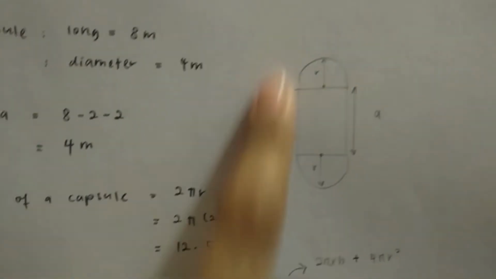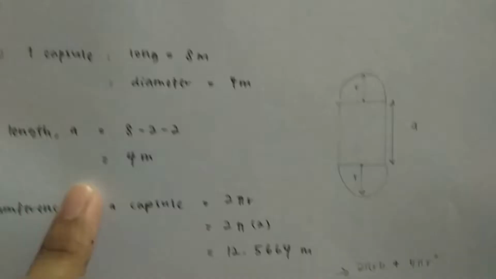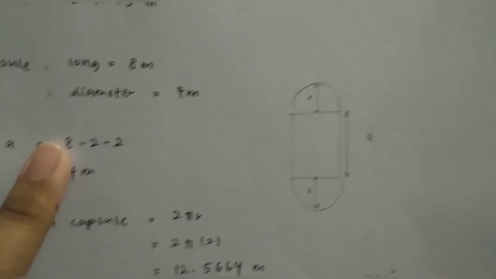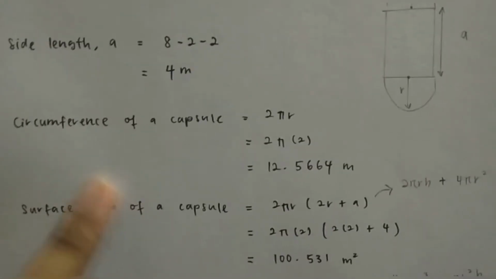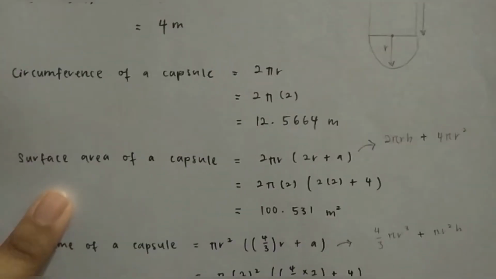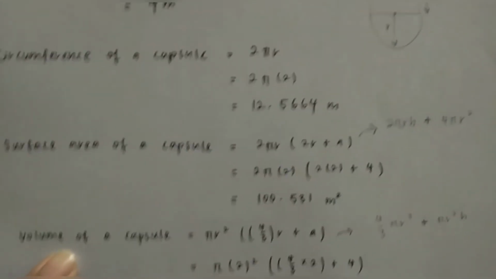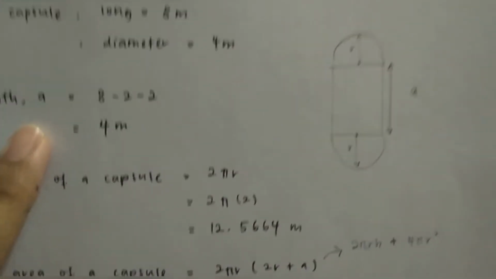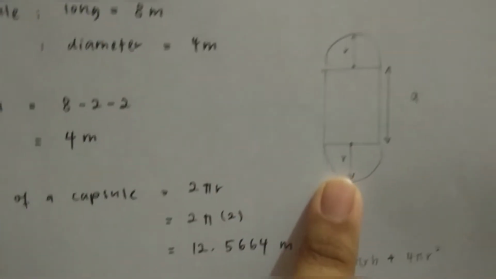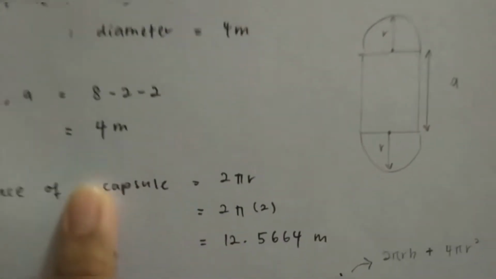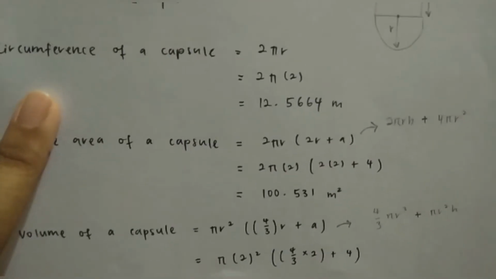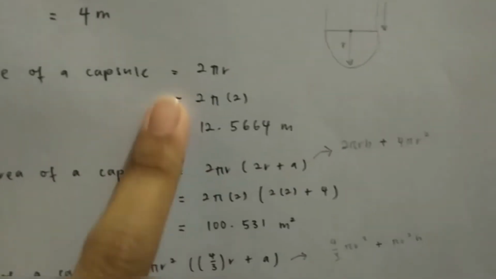The capsules are in the shape of 2 hemispheres and a cylinder. Since the length and the diameter of the capsule are given, we can use them to find the circumference, surface area, and volume of the capsule. The side length a is calculated by subtracting r, which is 2 meters, and the answer will be 4 meters. For its circumference, we can use the usual formula 2 pi r and the answer will be 12.5664 meters.